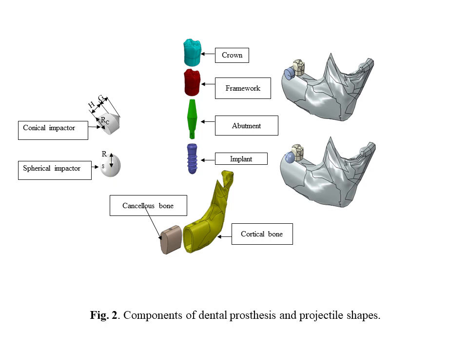And after that, you have an assembly of implant, crown, framework, and abutment inserted in this geometry. And you have two types of solid bodies with different shapes, which contact it with a velocity of 10 meters per second.